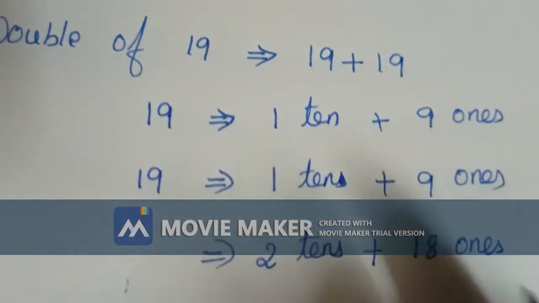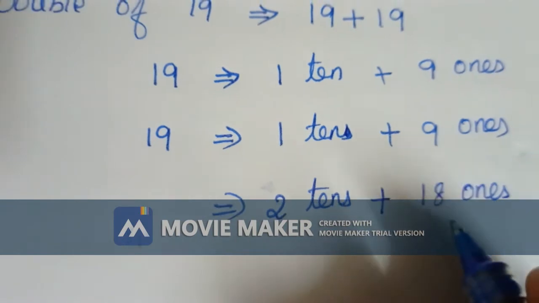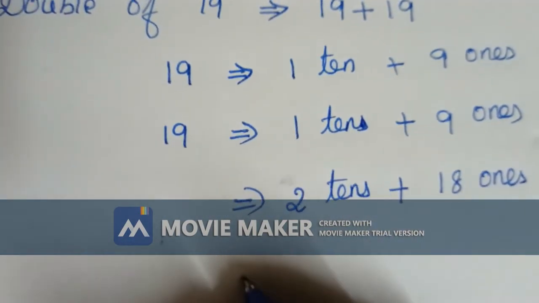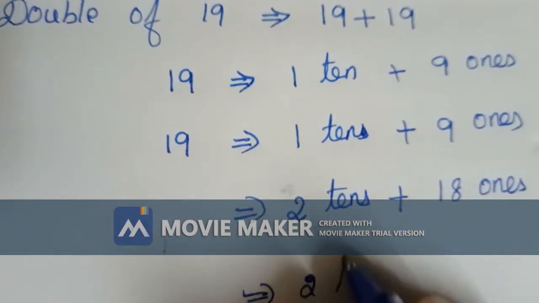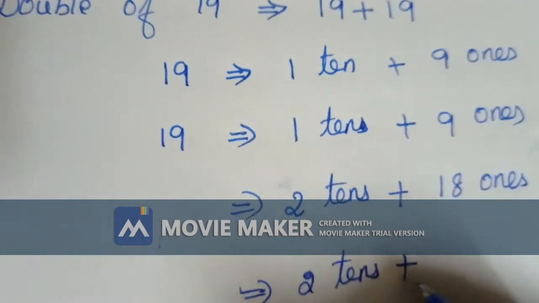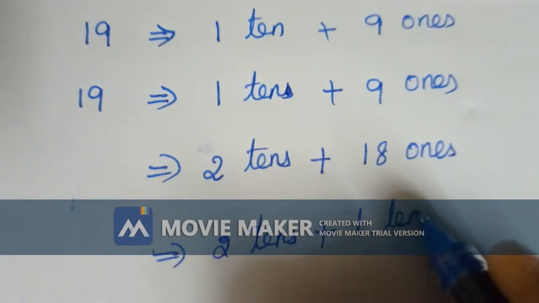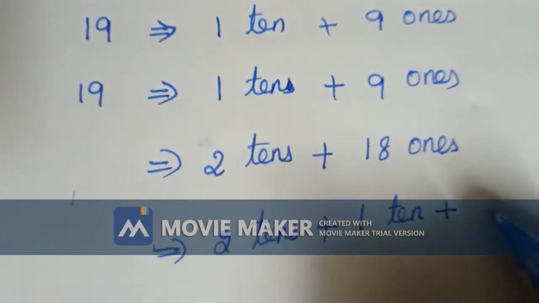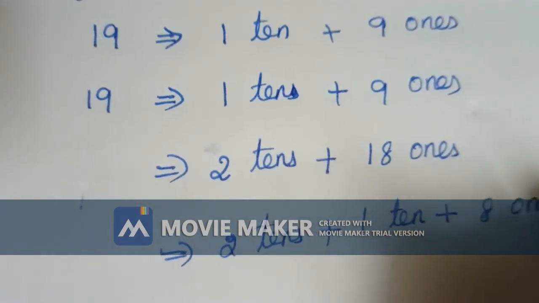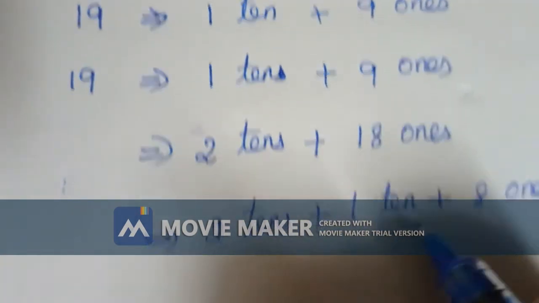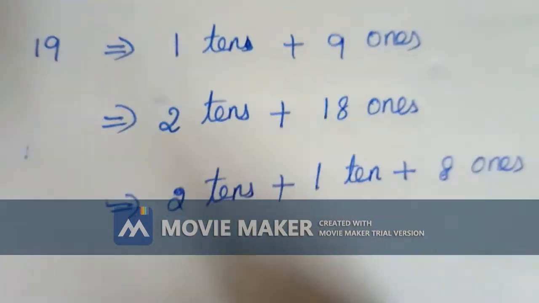This is also a 2-digit number, so we can split this like 2 tens plus 1 ten plus 8 ones. Again you can split this as 1 ten plus 8 ones.